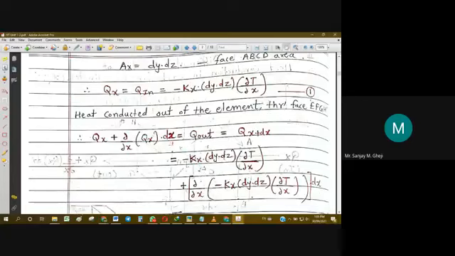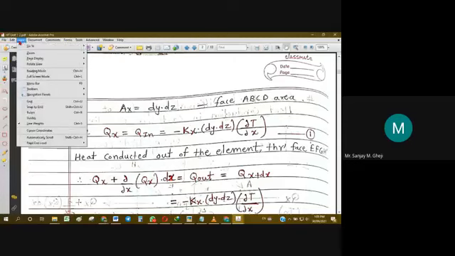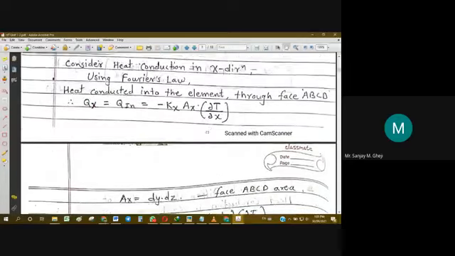Similarly, we will now apply Fourier's law of heat conduction for the heat conducted out of the face, from the outlet, that is face EFGH. Again, let us go back to the diagram. While doing this, we always have to keep the diagram in front of us.